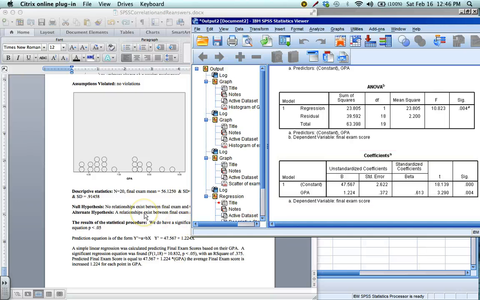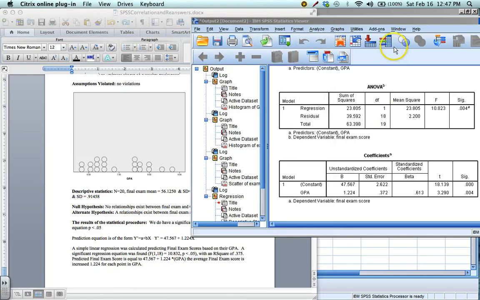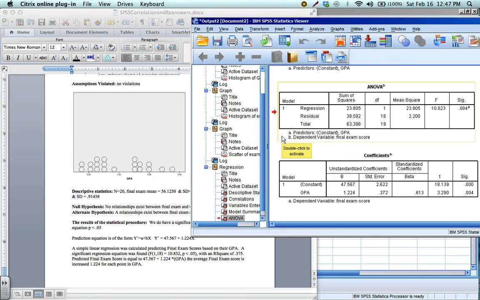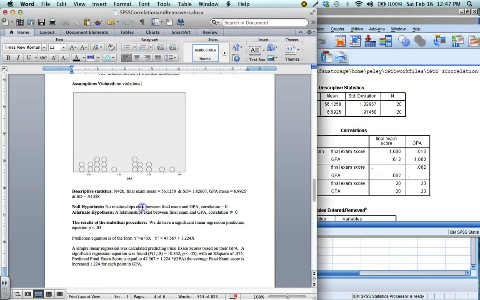All right, so you see here I just wrote the descriptive statistics, which were found in the table above. Okay, so there are the descriptive statistics. Then remember our null hypothesis is that no relationship exists between final exam and GPA.